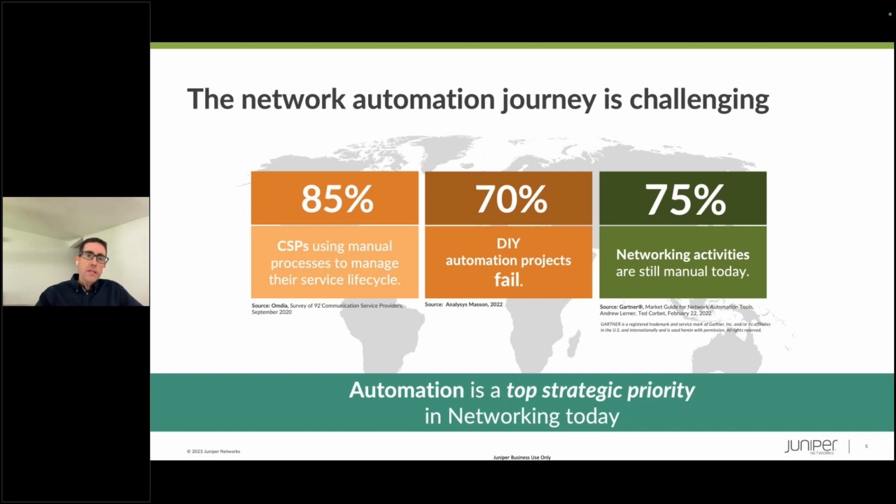So what we really want to embrace with Juniper is a way to make it out of the box, make it simple, and make it more programmable as a way to improve this rate right now and make it more successful.